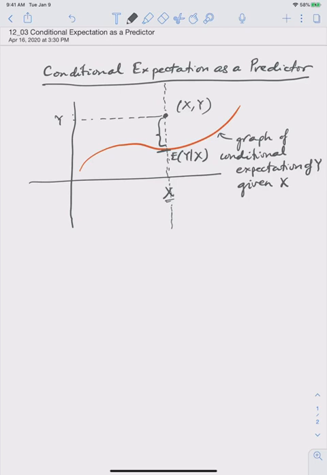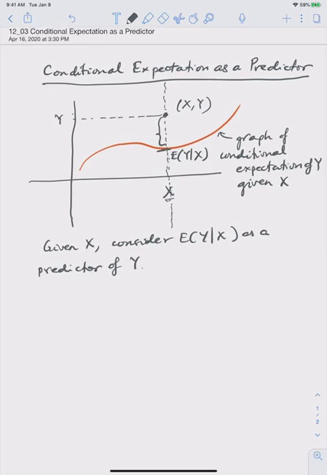So let's write a few things down. Now, the conditional expectation given X is a function of X. So I'm just going to give it a short name, B. I chose B for best because I know the end of the story.